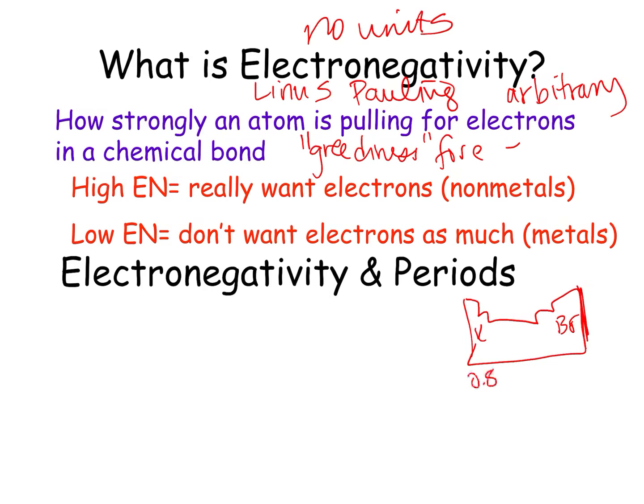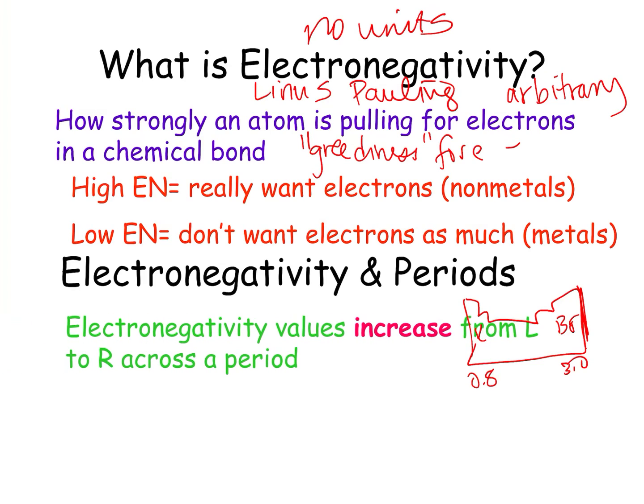And remember, there's no units to that. And bromine has an electronegativity, where is bromine? 3. So what happened as you went across a period? It increased. And maybe you remember that if it increases one way, it's going to decrease the other. Or you could just look. Let's just look at the periodic table. We don't need to memorize a darn thing. Let's look at lithium because it's at the top. Let's look at francium because it's at the bottom.